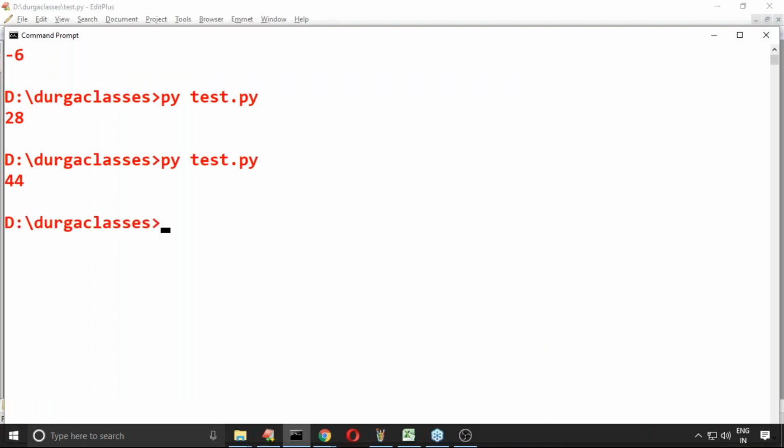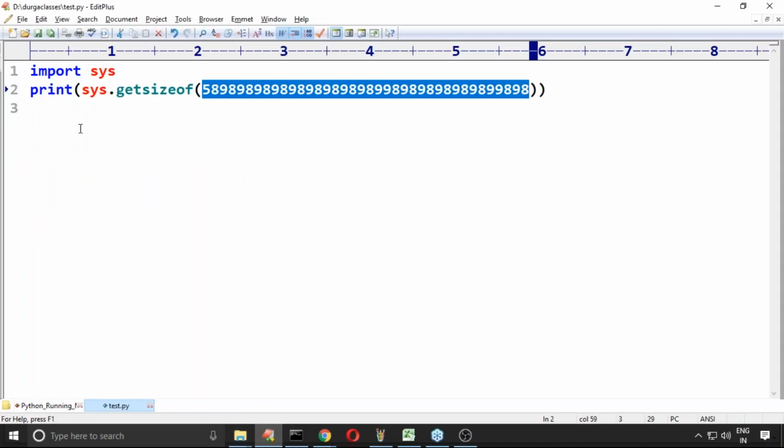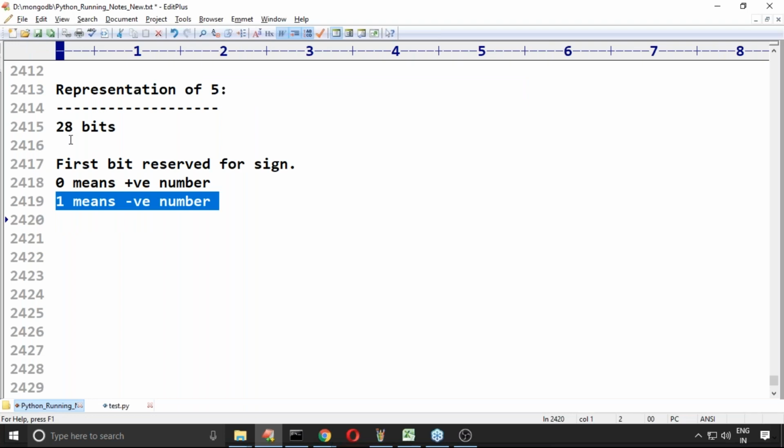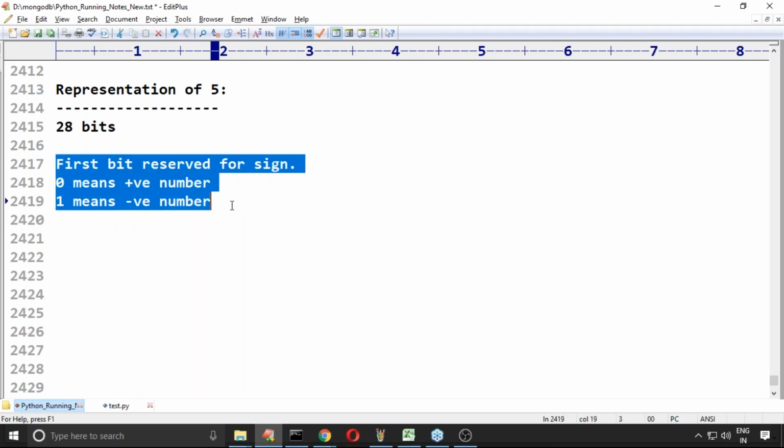How many bits are required to represent this int value? 44 bits are required, not 28 bits. The size of int is not fixed in Python. Not only this, almost all the data types, the sizes are not fixed, because every data type value itself is an object. Remember. Now here just observe, 5 means 28 bits, 1 bit reserved for sign. 0 means a positive number, 1 means a negative number.